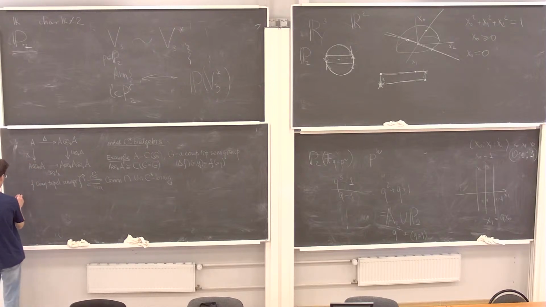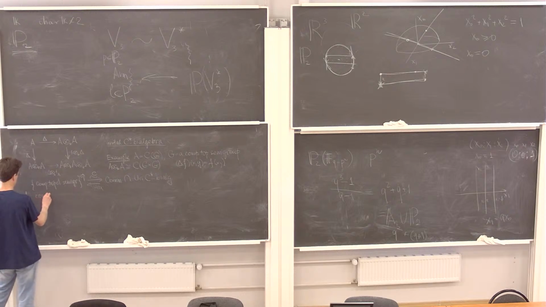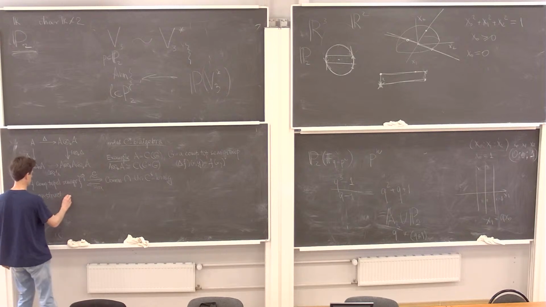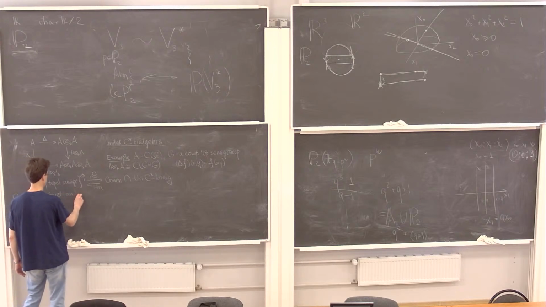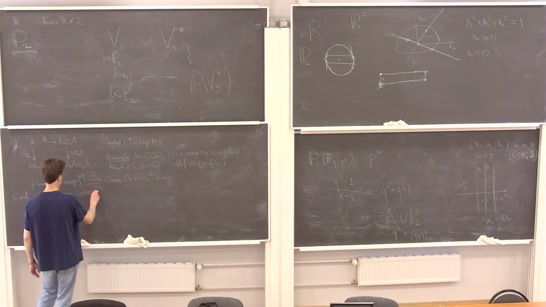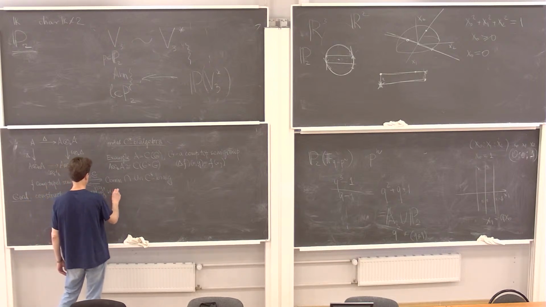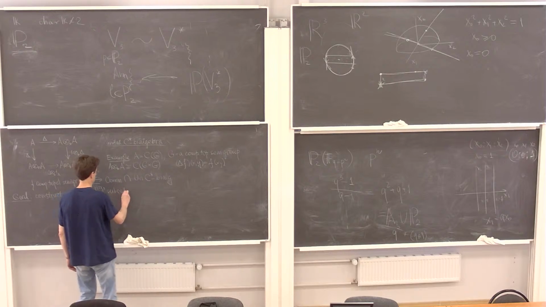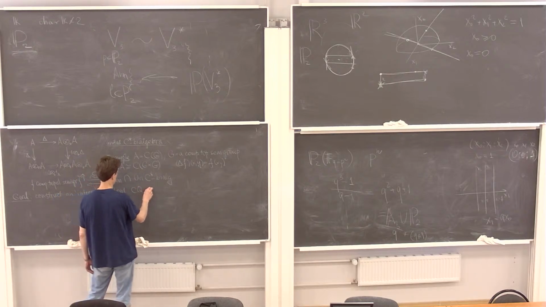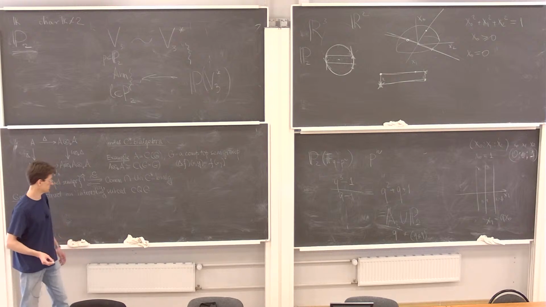And now let's recall that our goal is to construct an interesting subcategory. Let's denote it like this. So the objects of this category will be called compact quantum groups.